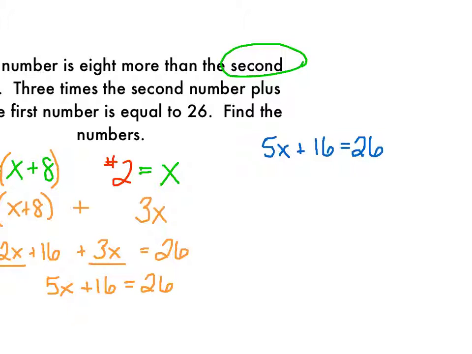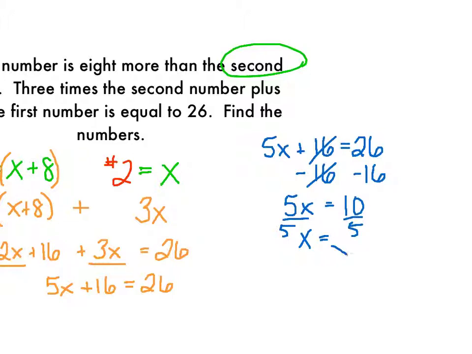To do this, I need to use the inverse operation, so minus 16 on both sides. Cancel these out. 5x is left over, equals, and then 26 minus 16 gives me 10. So x, I'm going to divide by 5, divide by 5. x is going to give me, come down here, 2. So x is equal to 2.